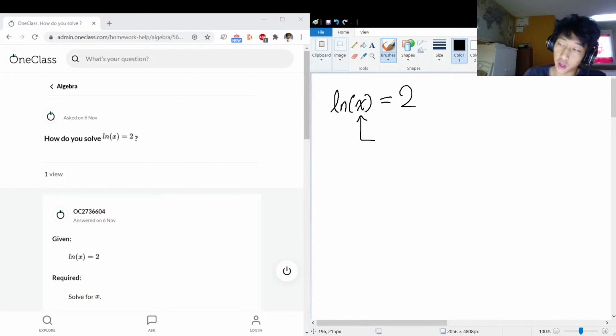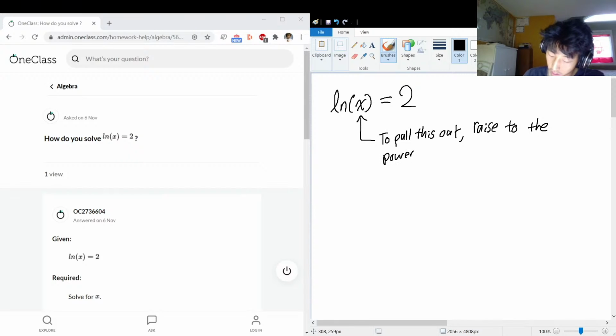Now to get that out of the logarithm, you raise to the power with the base. What that means is to extract x out of ln of x, on both sides of the equation, the ln of x as well as the 2 is going to become the power of the base here.